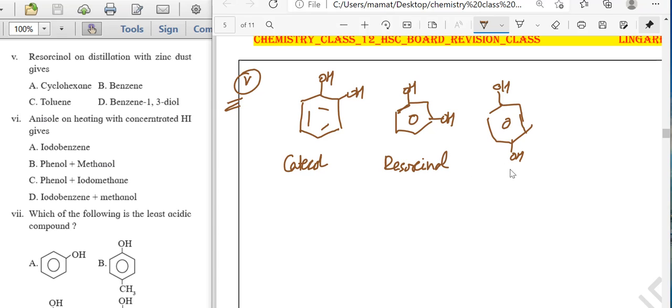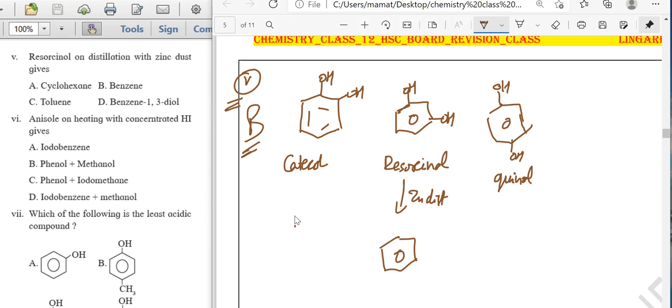Then the opposite, 1,4 position, is quinol. Quinol, right? Now this resorcinol is used with zinc dust. What is the work of zinc dust? Just remove the oxygen. So here it is forming just benzene. So your answer will be B.